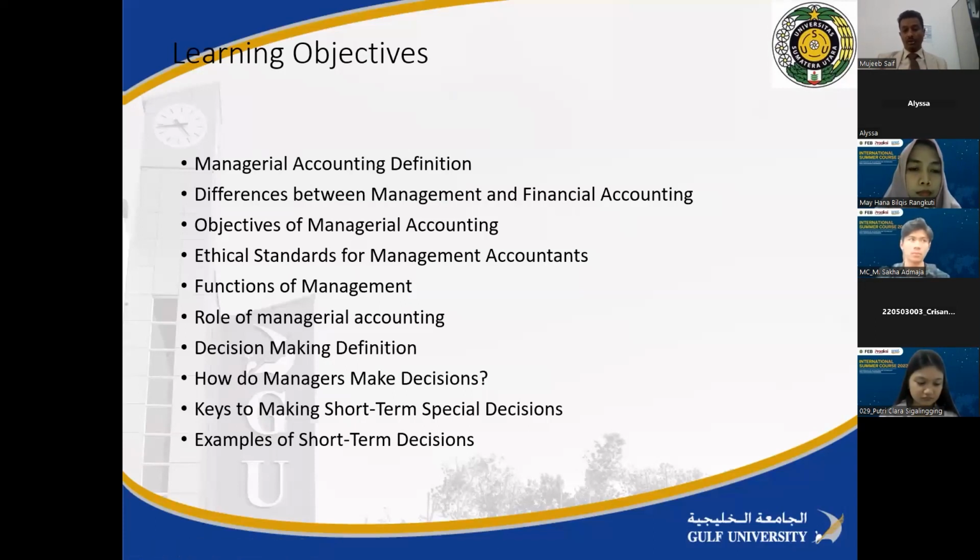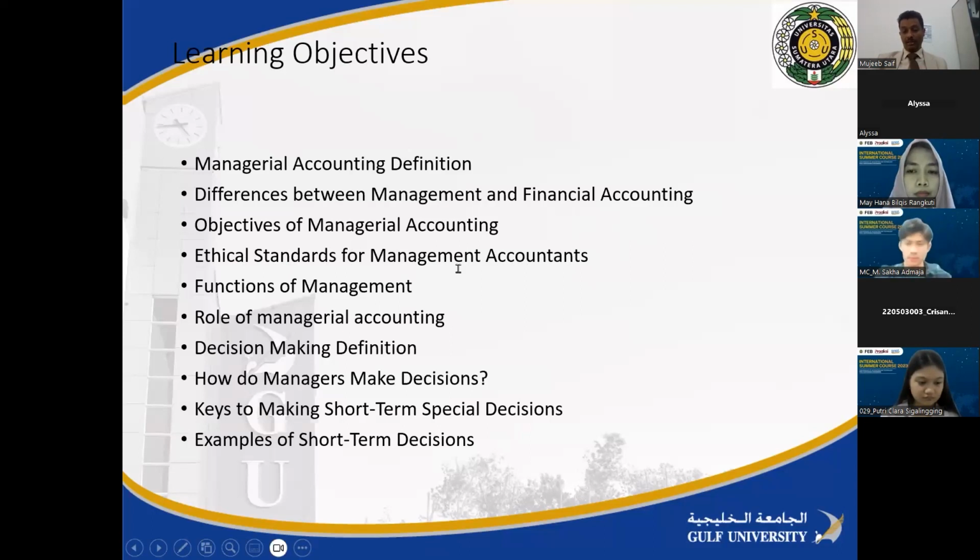Because our topic for today is managerial accounting, which is one part, and decision making and planning, which is another part, related to management functions, right? We will also introduce ethical standards for management accounting. As we know, there are no specific standards that control our work as managerial accountants.